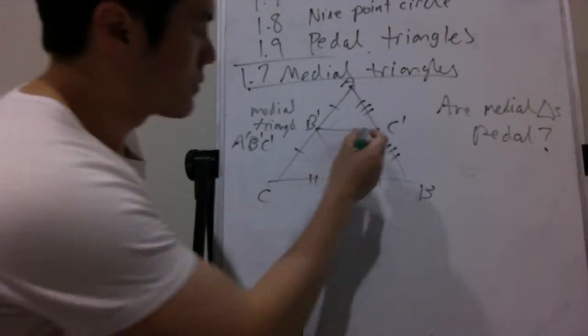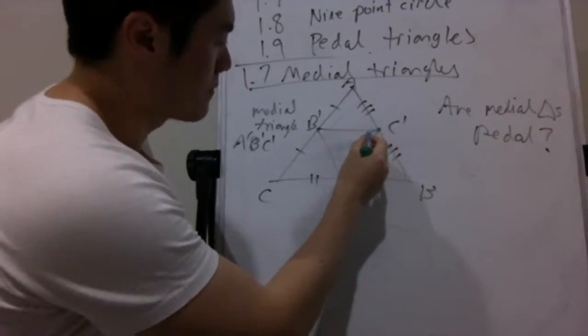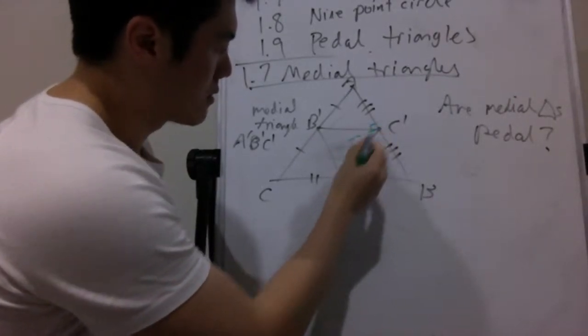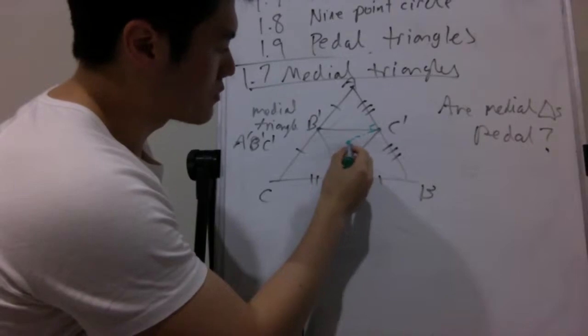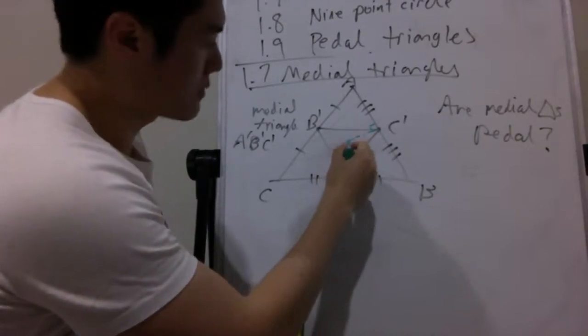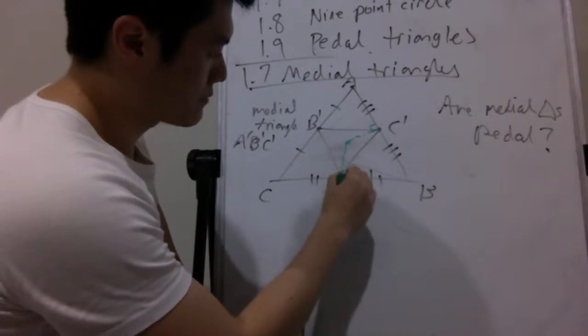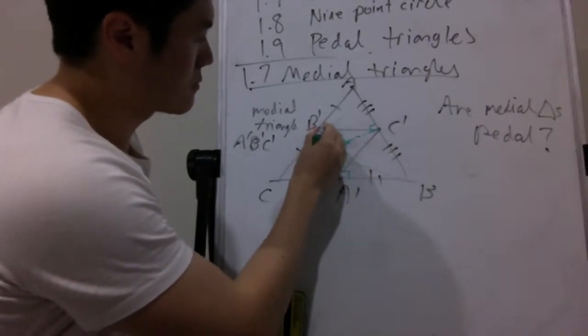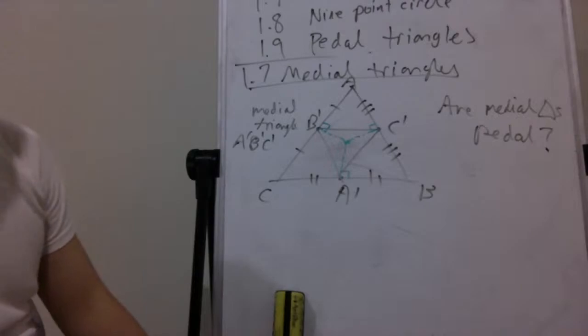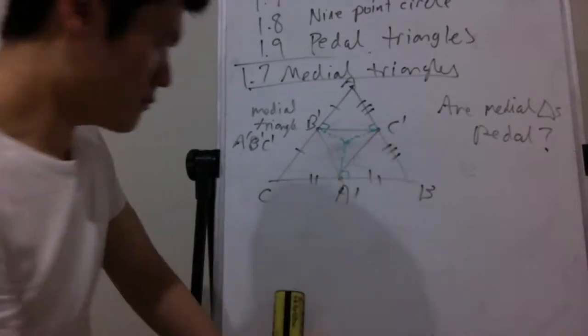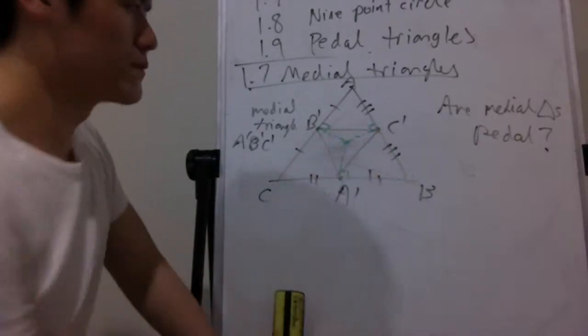So if you took the perpendicular bisectors, basically if you took the circumcenter and made the pedal triangle for the circumcenter, that will give you the medial triangle.